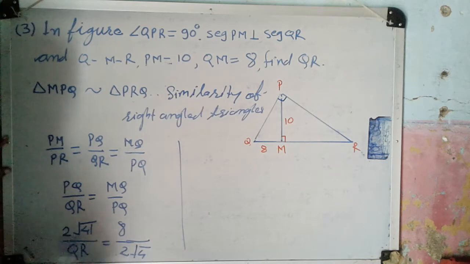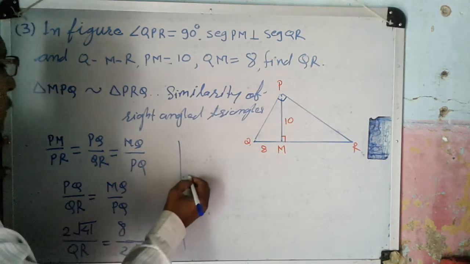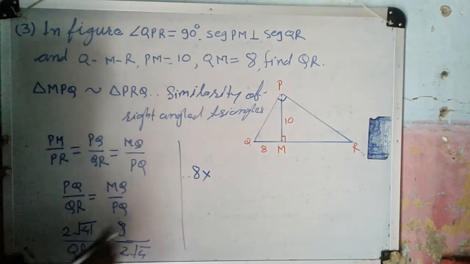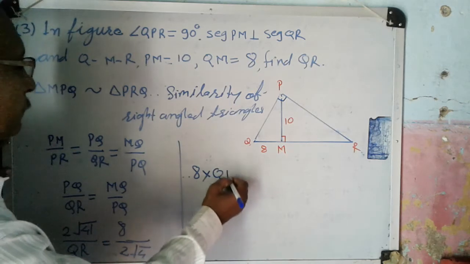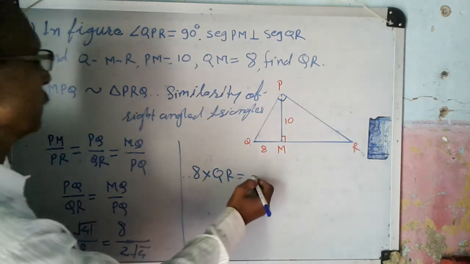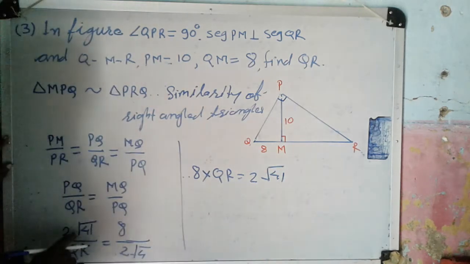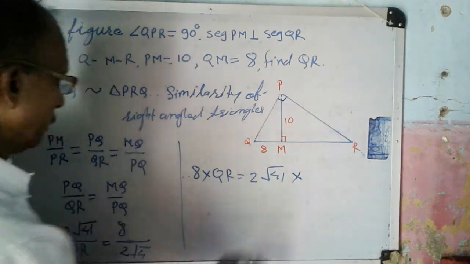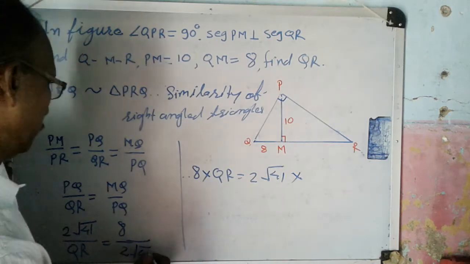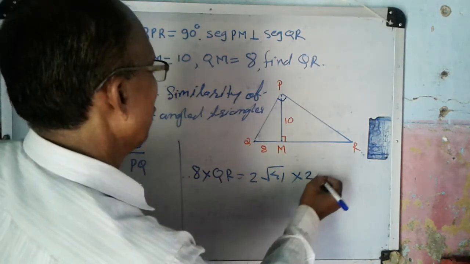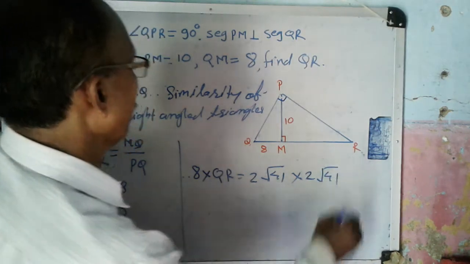Now by cross multiplication, 8 into QR is equal to 2 under root 41 multiplied by 2 under root 41.